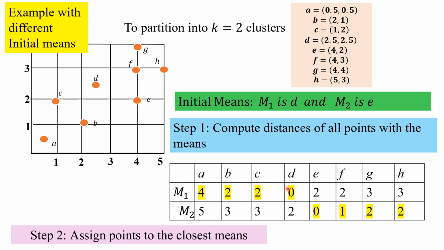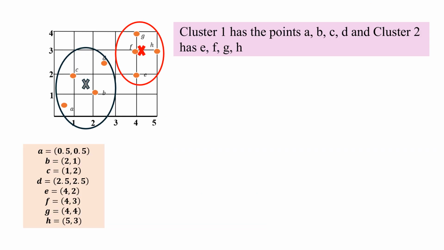We see that A, B, C, D are closest to M1 and E, F, G, H are closest to M2. So these are the clusters we get, A, B, C, D in the first cluster and E, F, G, H in the second one.